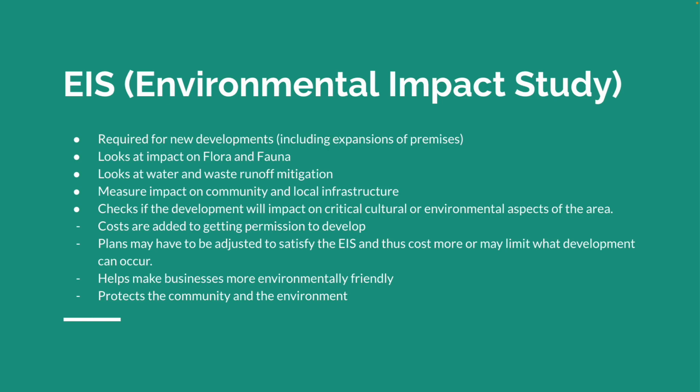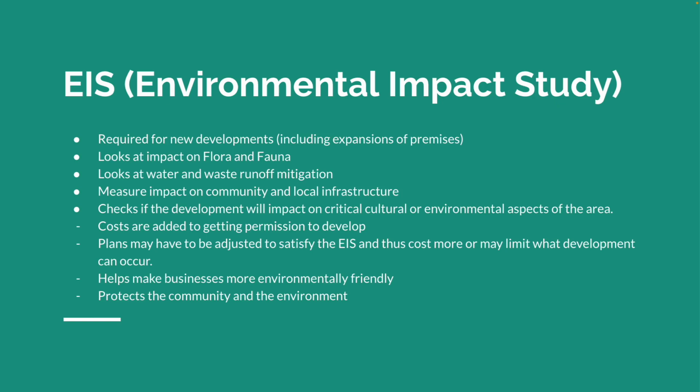You've got to check the development will impact on critical cultural environmental aspects of the area. So this is sort of World Heritage listed area. That's a critical environment. But there's also the cultural one. So in terms of expanding a business, if there's, say, Indigenous Australian rock art in the area, then you're going to have to be very wary about what your production will do to that.